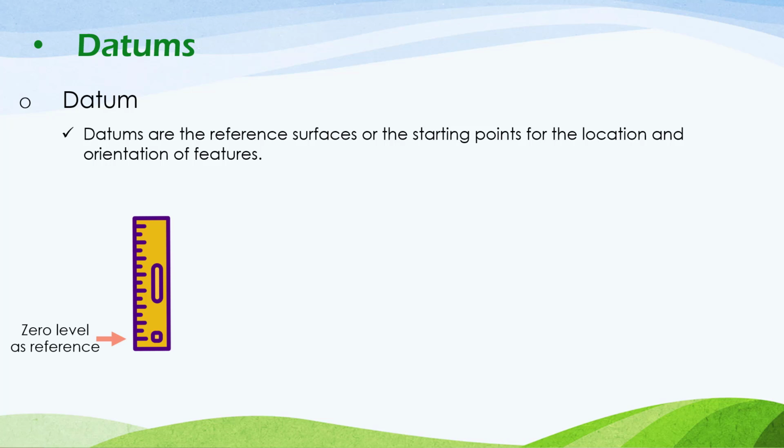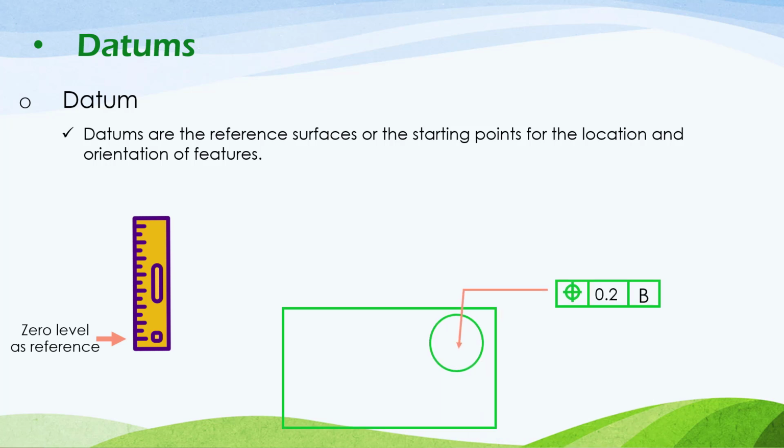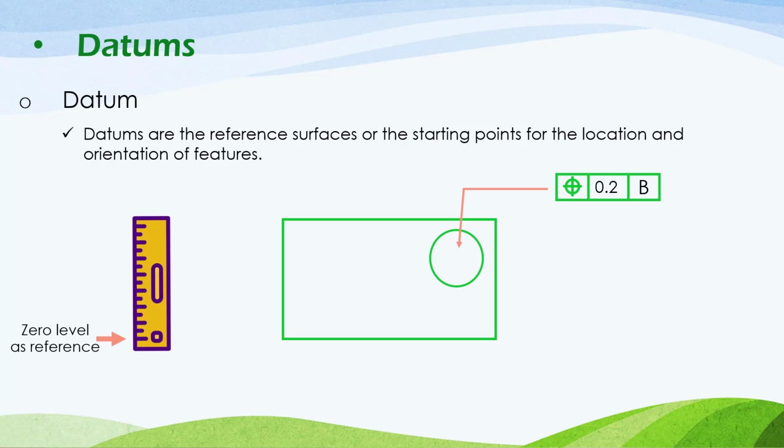And the same idea here is applied to the datum, as if we need to specify the positional tolerance of this shaft on this plate. As we learned before, the translation of this tolerance annotation will be that the center of this shaft is having a tolerance of a value of 0.2, and this is related to the datum P. So the datum here works as a reference or as a zero level in the ruler example to specify the tolerance of the hole center according to it.